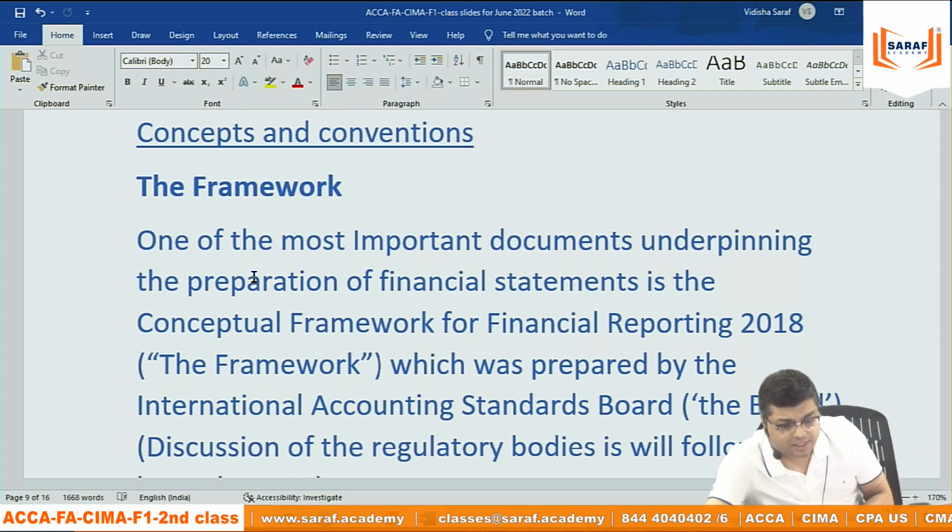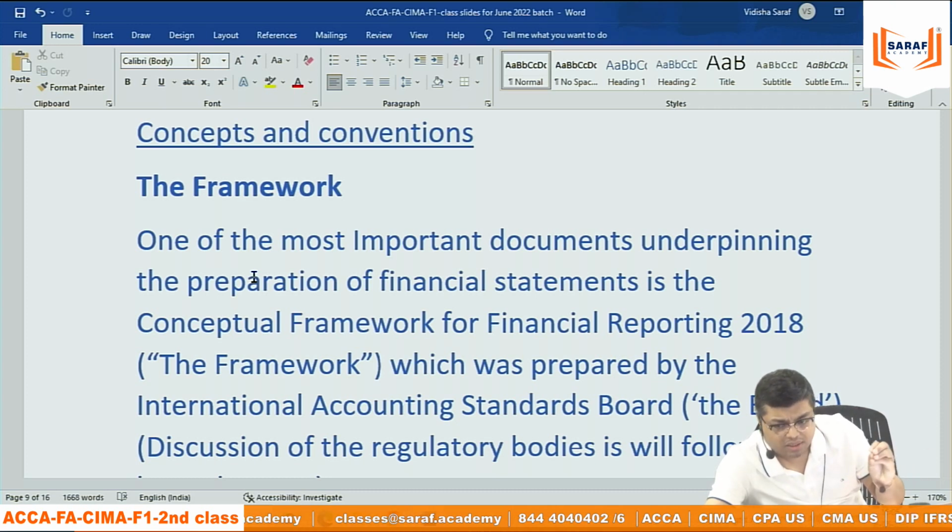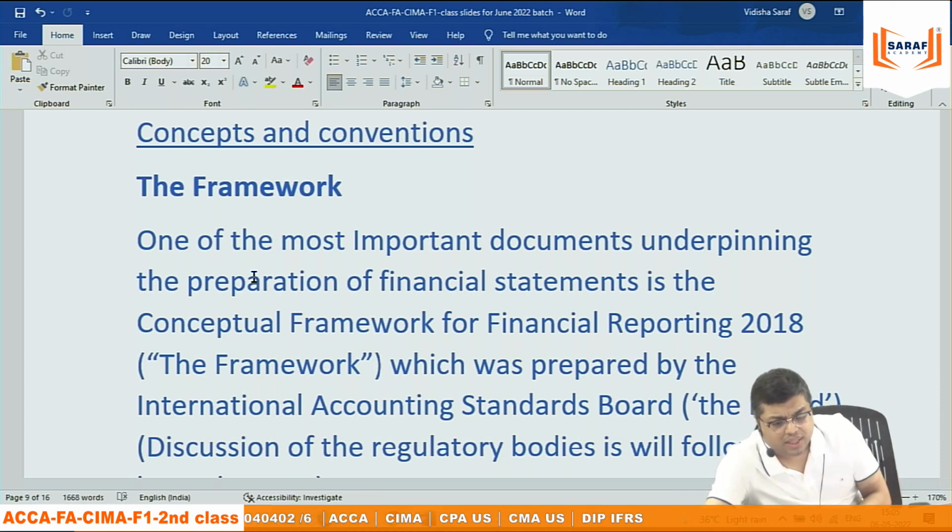In our syllabus, financial accounting, some 5-6 international accounting standards and IFRS are there. When you go to a further level, all IAS, IFRS will be coming. Now, you will find that sometimes the framework is saying something else, but international accounting standard or IFRS is saying something else, contradiction.